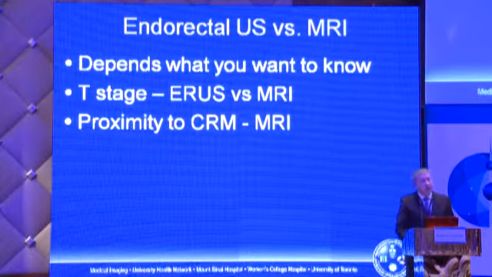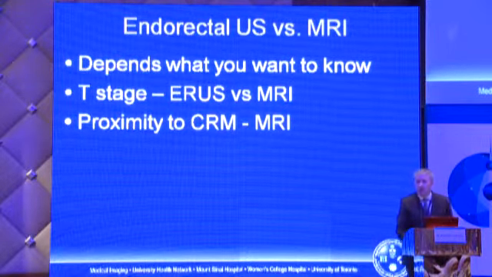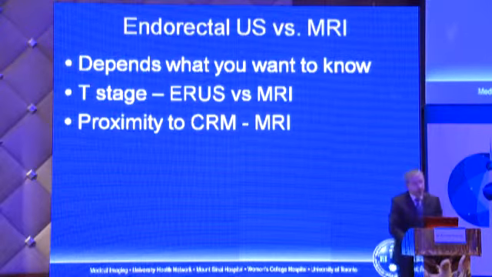So how do you image and locally stage rectal cancer? Well, in today's practice, CT isn't sufficient. So then we have a discussion, should we be using endorectal ultrasound or MRI? And it really depends what your surgeon needs to know.